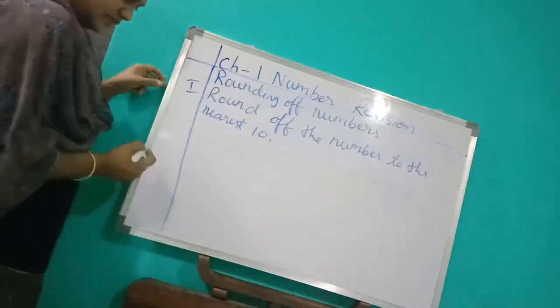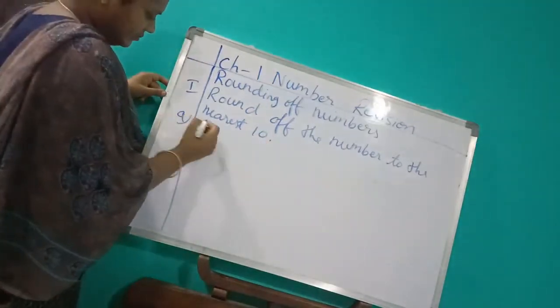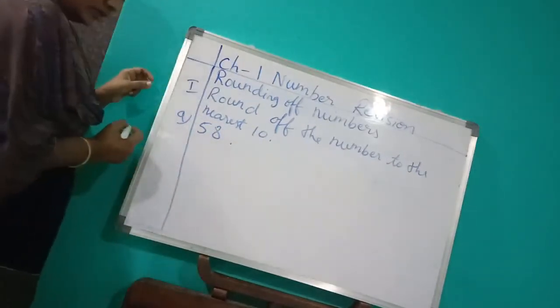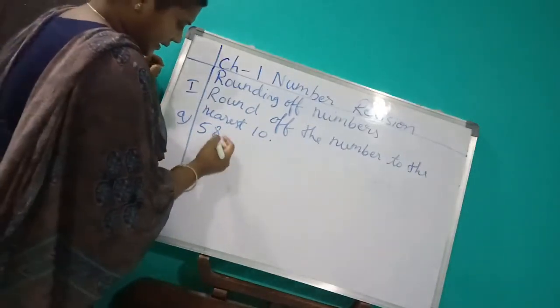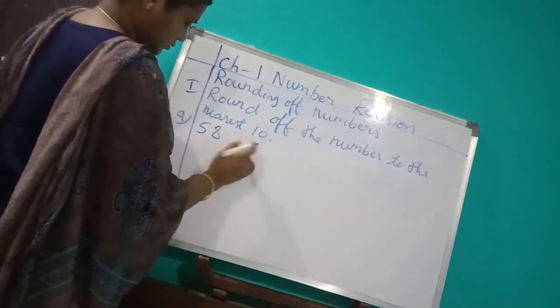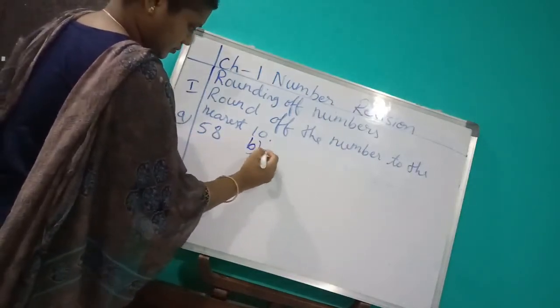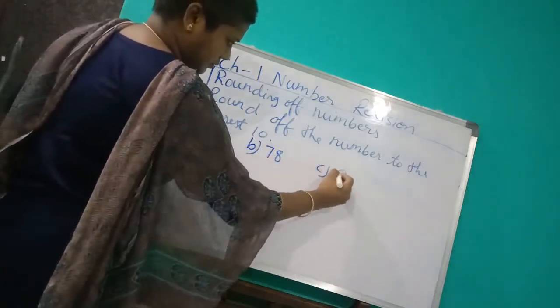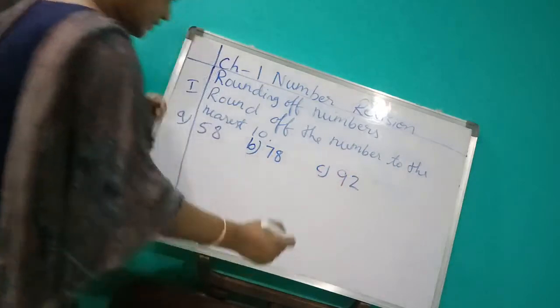Understood? See here, they given some numbers. Okay, you should do this in the number line. Again, you should see, rounding off you should do.